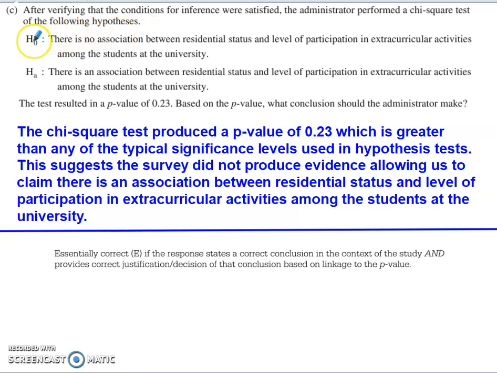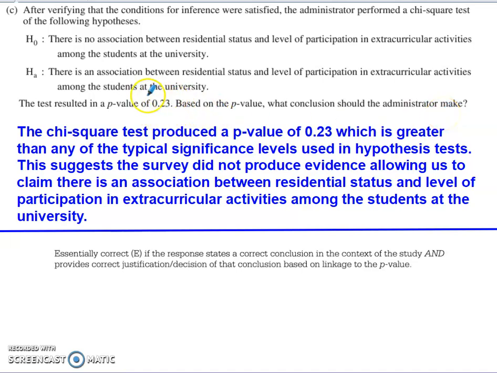So the null hypothesis: there's no association between residential status and the level of participation in extracurricular activities among students in the university. The alternative hypothesis would be that there is an association between where the students live and their participation in extracurricular activities. So the test resulted in a p-value of 0.23. Based on the p-value, what conclusion can the administrator make?